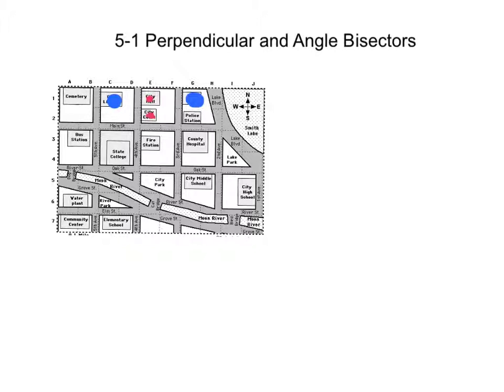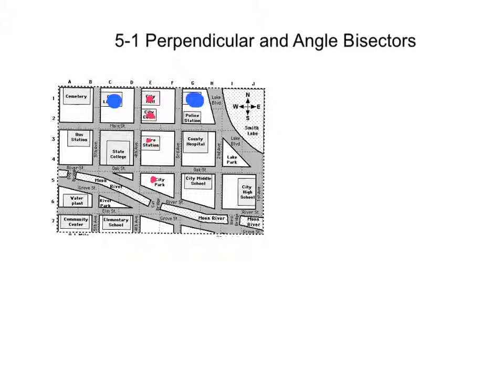And I say that just because, although it's not directly in the middle, if you see it's slightly offset to the bottom, the distance that we would need to travel appears to be exactly the same. And we could keep on going all the way down this map. Same with the fire station and even the city park, at least parts of the city park, would be the same distance away from our blue dots.